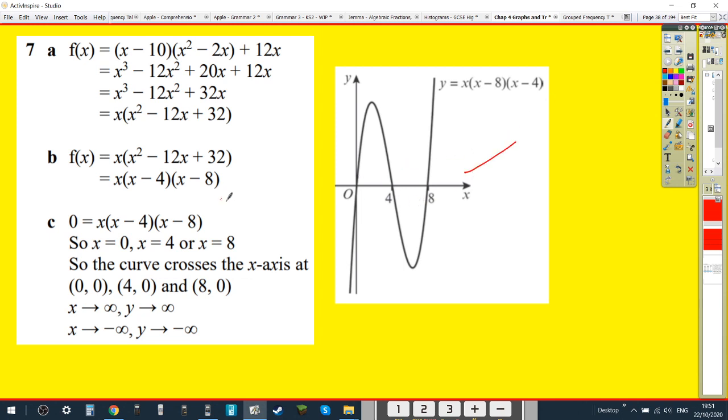So expand, add in the 12x, fully simplify, and then factorize out the x, then fully factorize using the calculator, and then sketch using let x be 0, find y, let y be 0, find x. Any questions there? Nope.